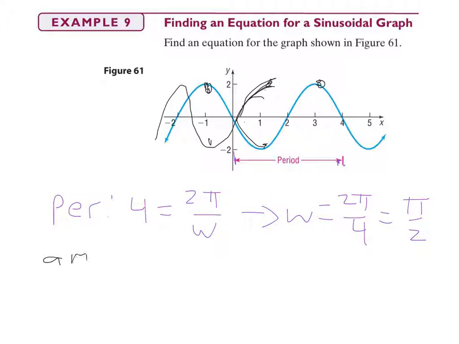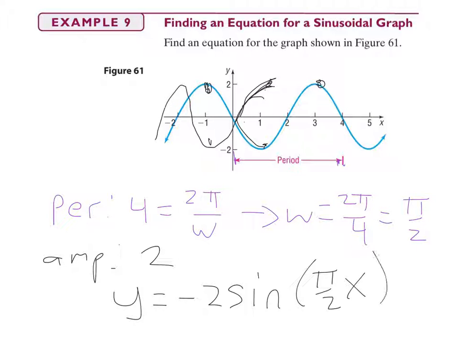And the amplitude goes from -2 to +2, so the amplitude is 2, so it's equal to -2 because it's flipped, and the amplitude is 2 times the sine of pi over 2 x.